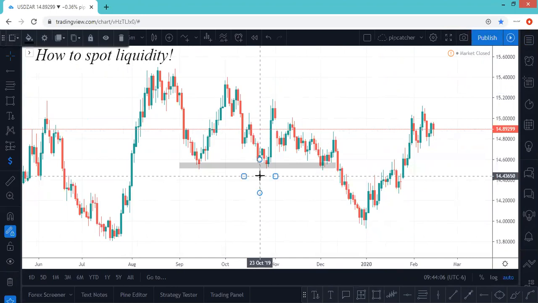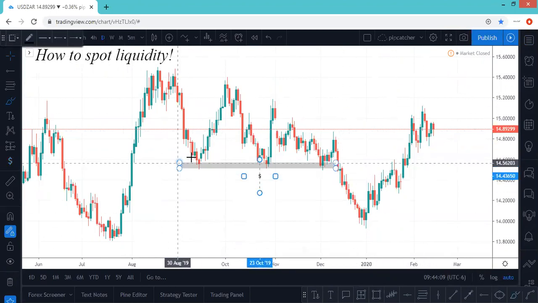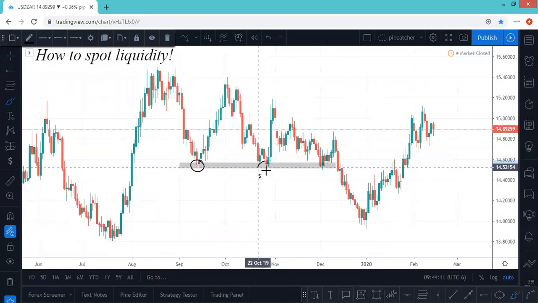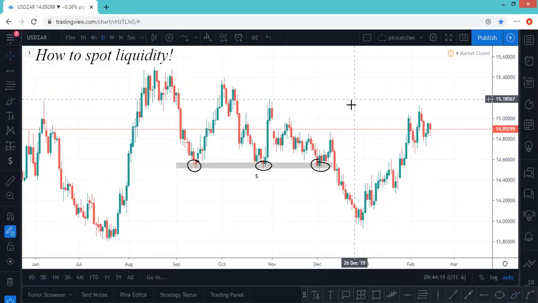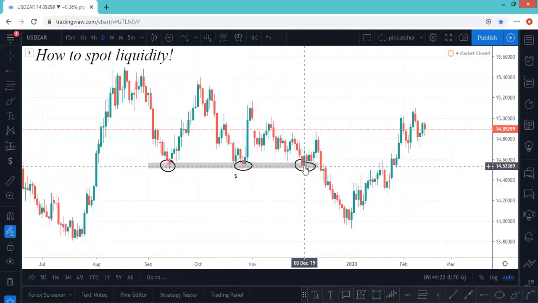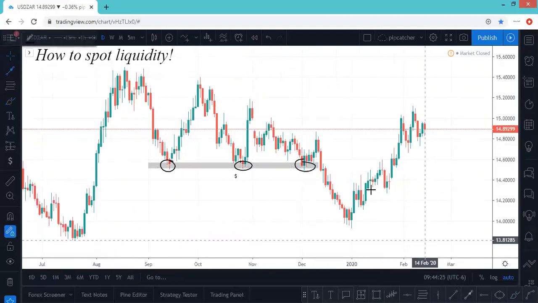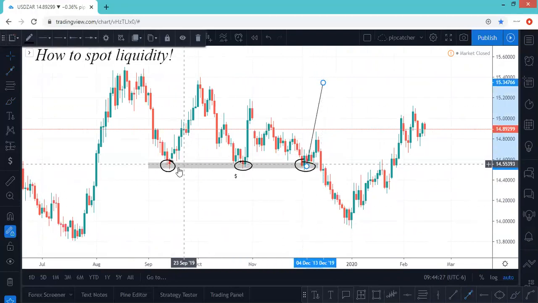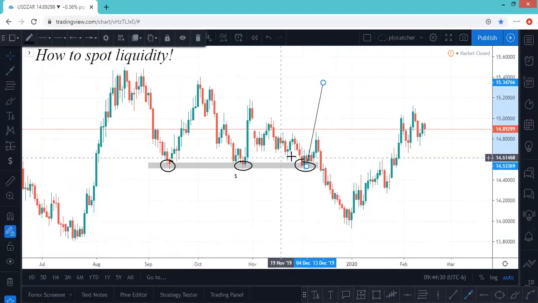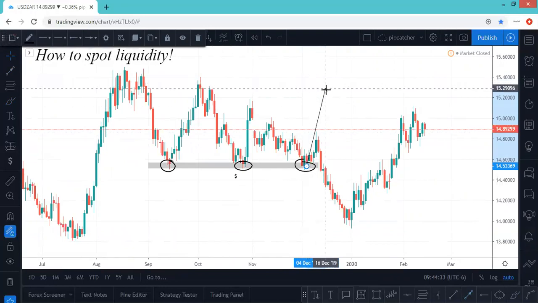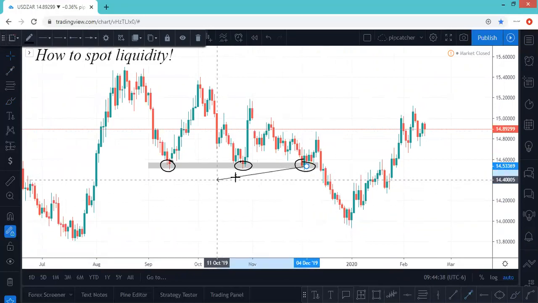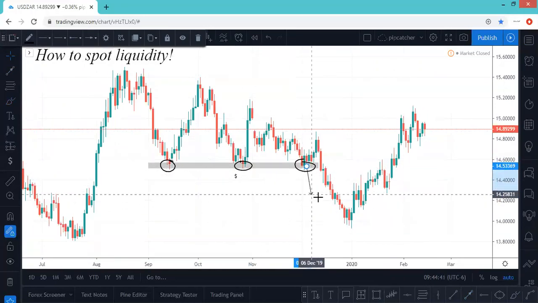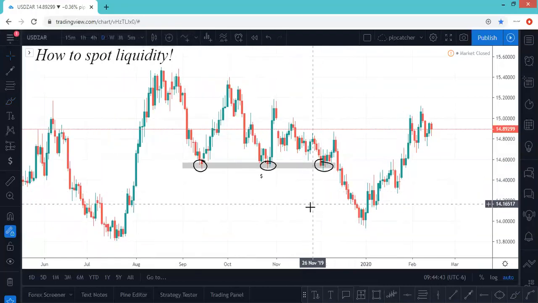For us, we see money, but for retail or conventional trading technicals, the masses would be buying this, expecting it to go up. They have that third touch of the support, and in reality, price fell on them and cleared all of these stop losses that maybe would have been sitting here.